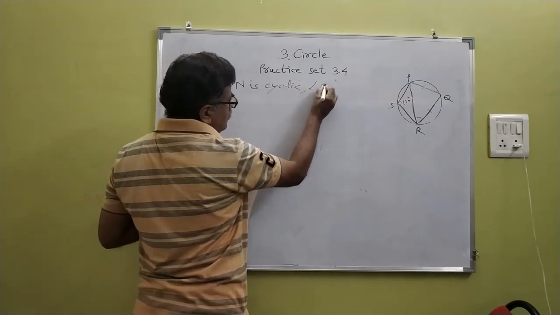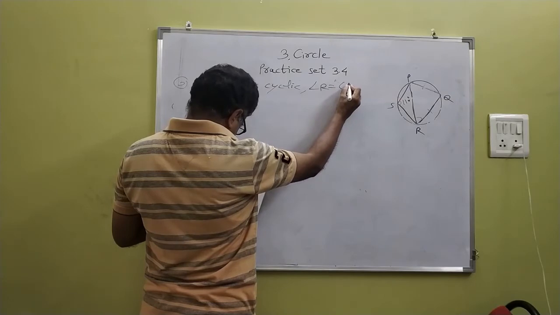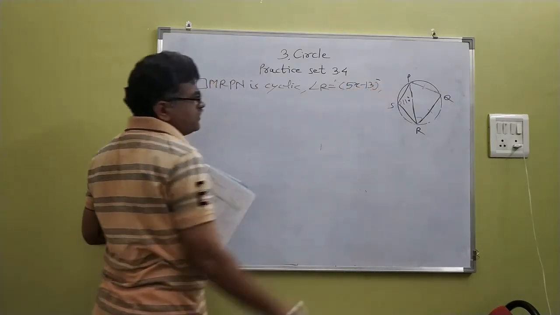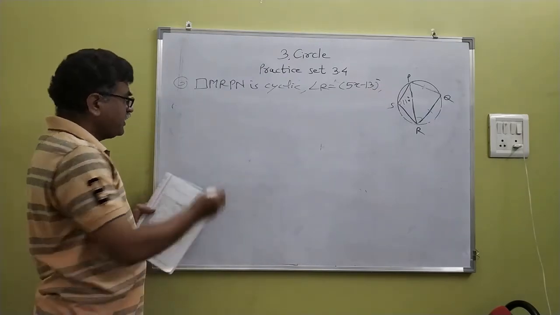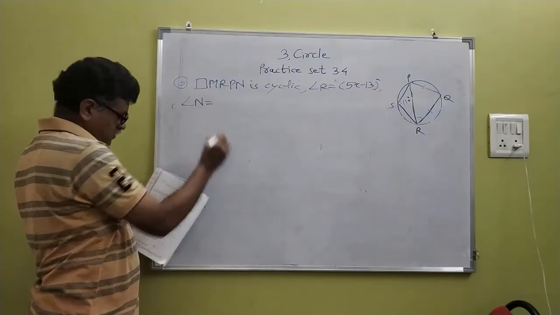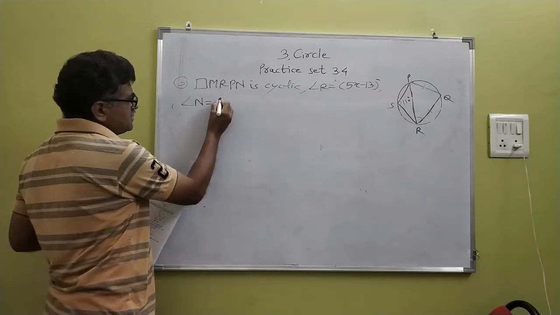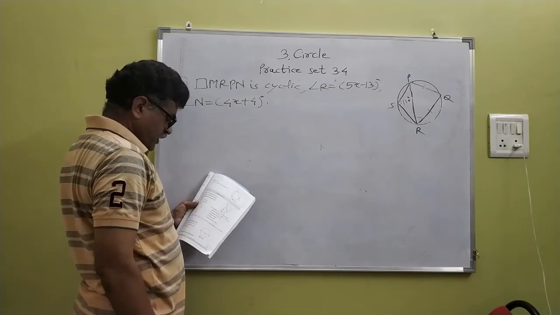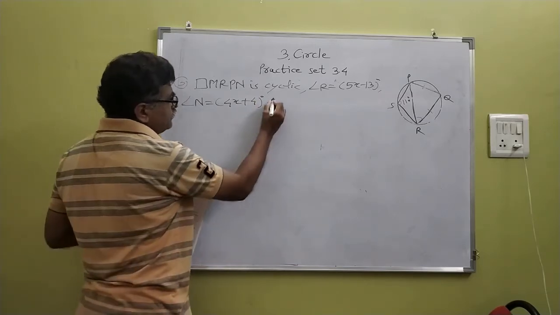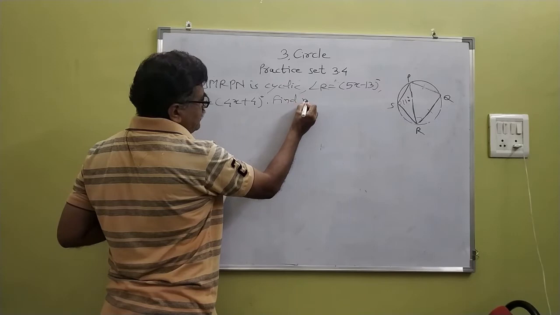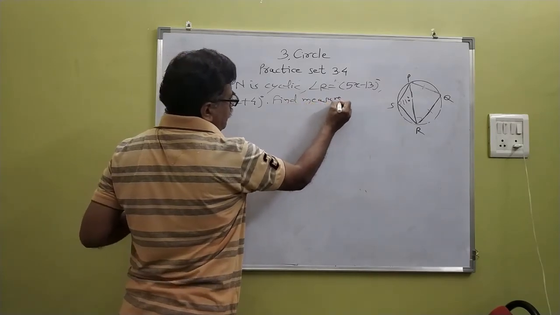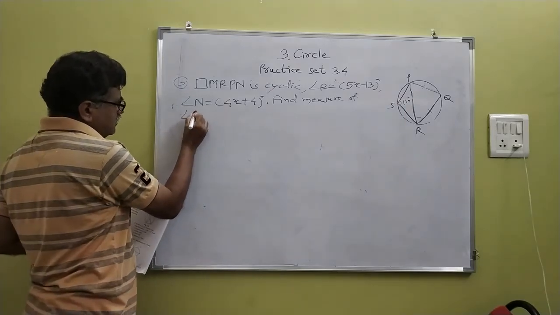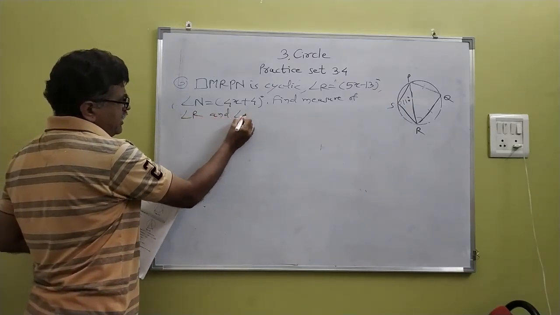Angle R is equal to 5x minus 13 degrees. Angle N is equal to 4x plus 4 degrees. Find the measures of angle R and angle N.